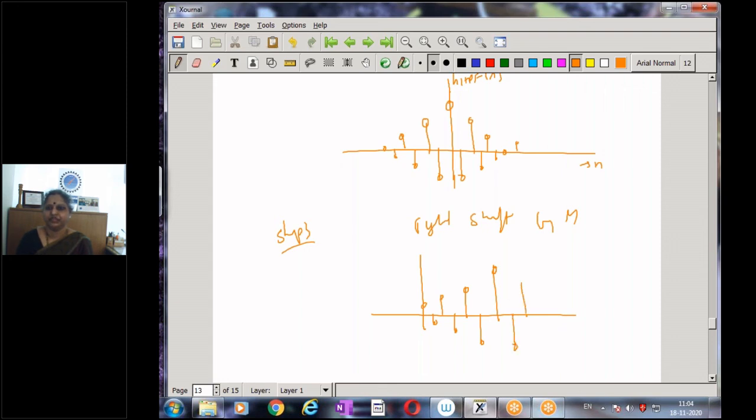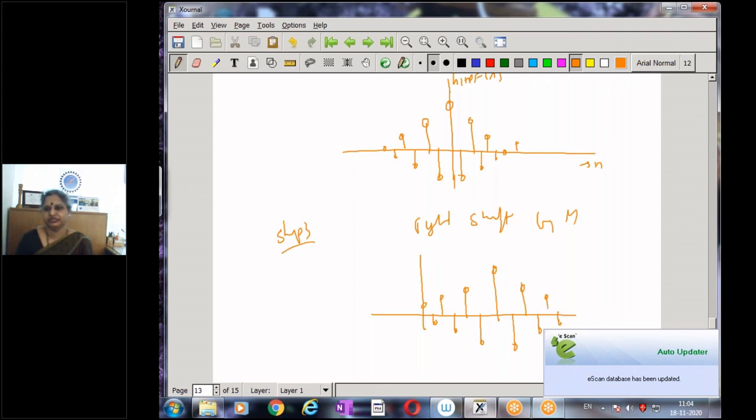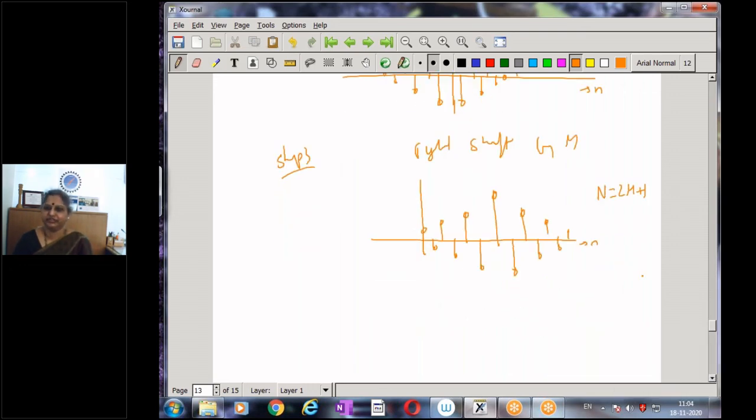And so we have the designed filter. This is a high pass filter of length given by 2n plus 1. So this completes the design of the filter.